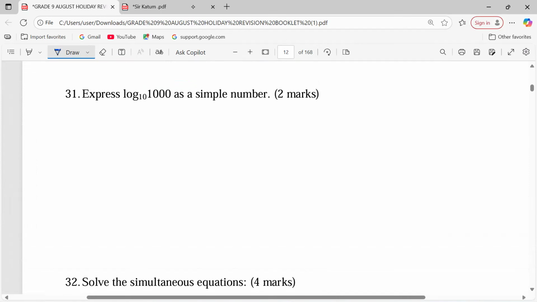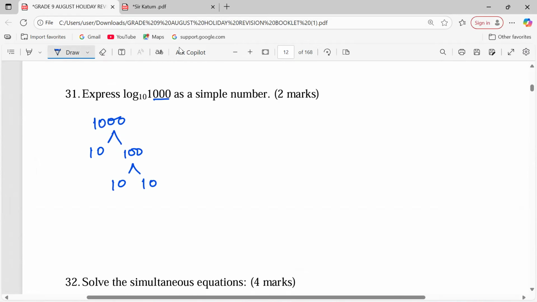Number 31 now. Express the logarithm of 1000 to base 10 as a simple number. So we shall check the expression of 1000 to base 10. Divide by 10, we get 100. And by 10, we get 10.